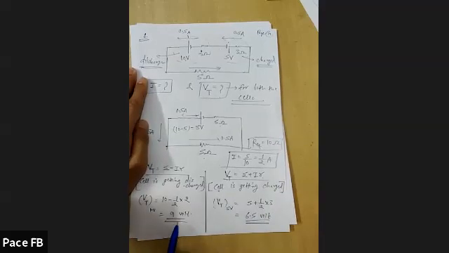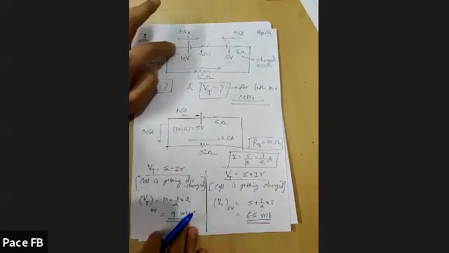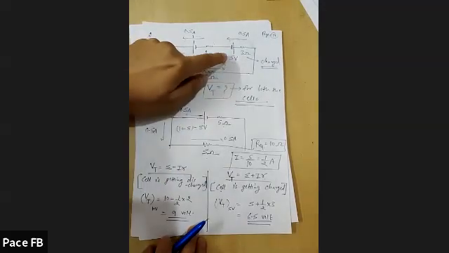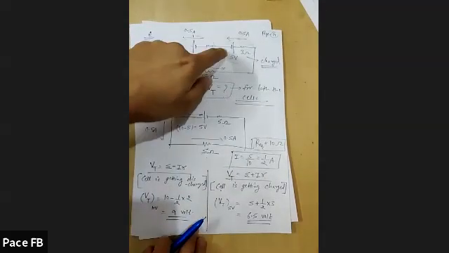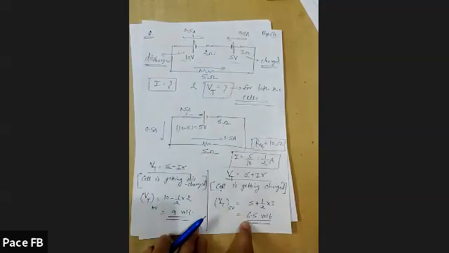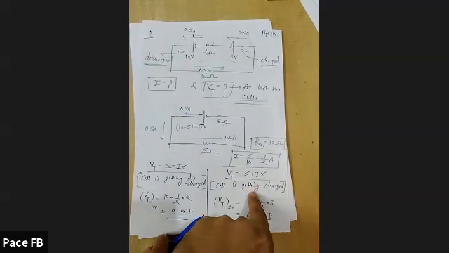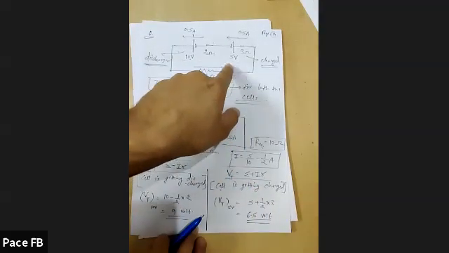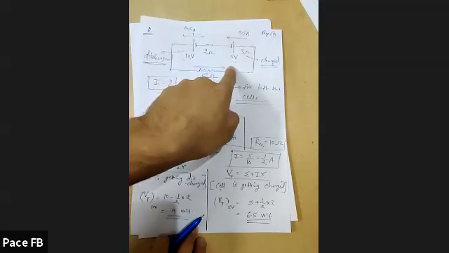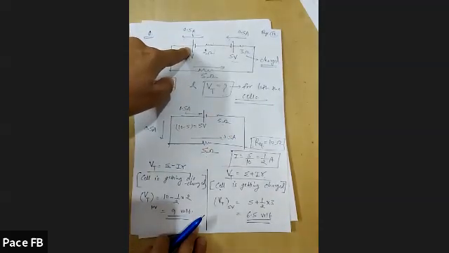So terminal voltage across the left hand side cell would be 9 volt, and across the right hand side cell would be 6.5 volt. It would be E plus IR because it is getting charged. How to decide whether it's getting charged or discharged? When current is entering through the positive terminal, it gets charged. When current leaves through the positive terminal, it gets discharged.